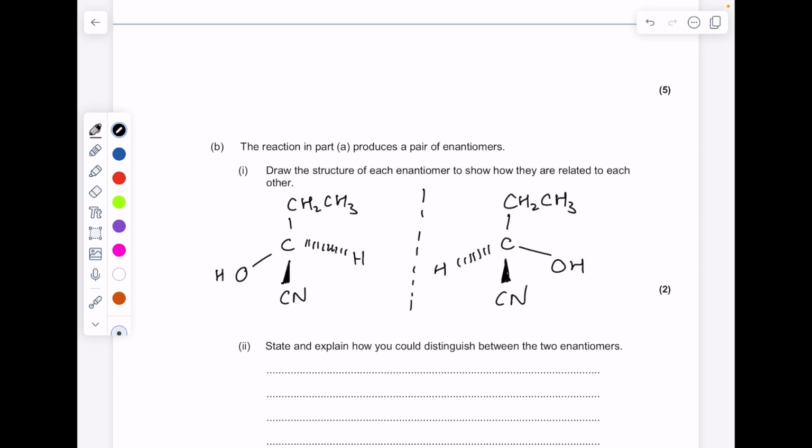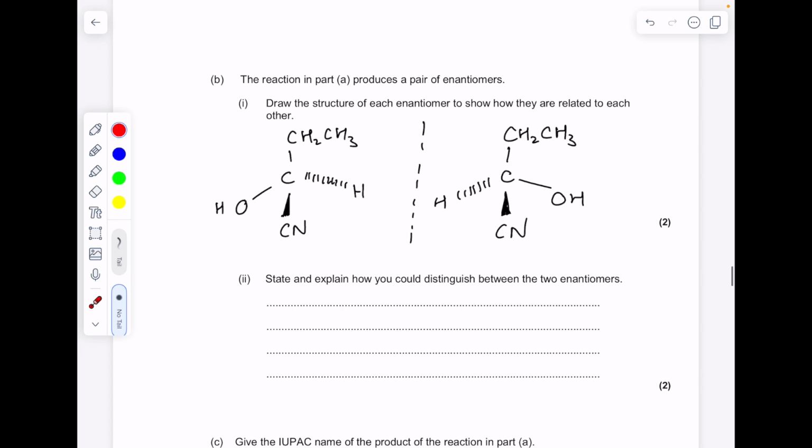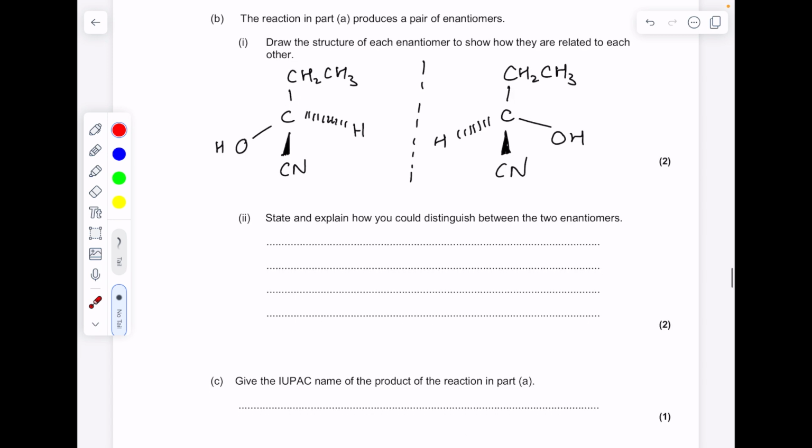And as you'd expect to see, of course, because we have enantiomers, we have that chiral carbon with 4 separate groups attached. State and explain how you could distinguish between the 2 enantiomers. Plain polarized light is rotated in opposite directions.